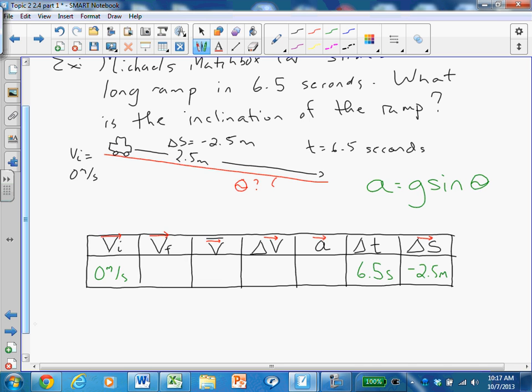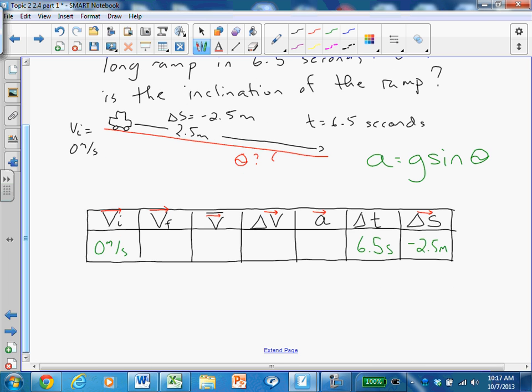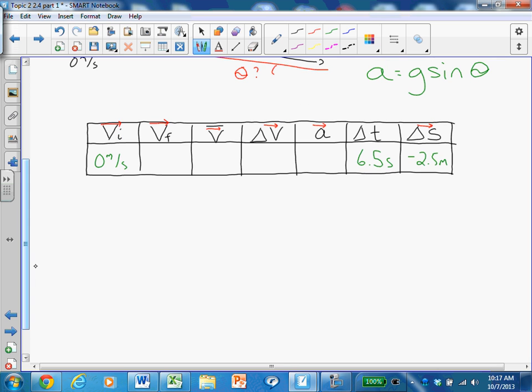And we could see here we could solve for some information.